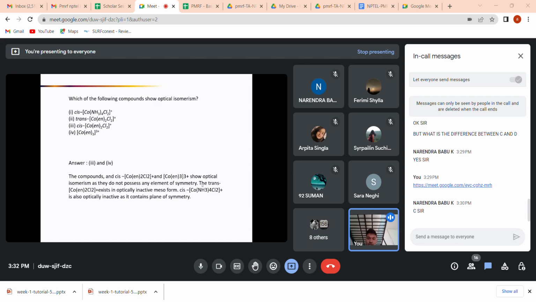And in the trans, the two chlorides are opposite. So the first and second options are octahedral complexes, right? And in both of the complexes there is some symmetry.